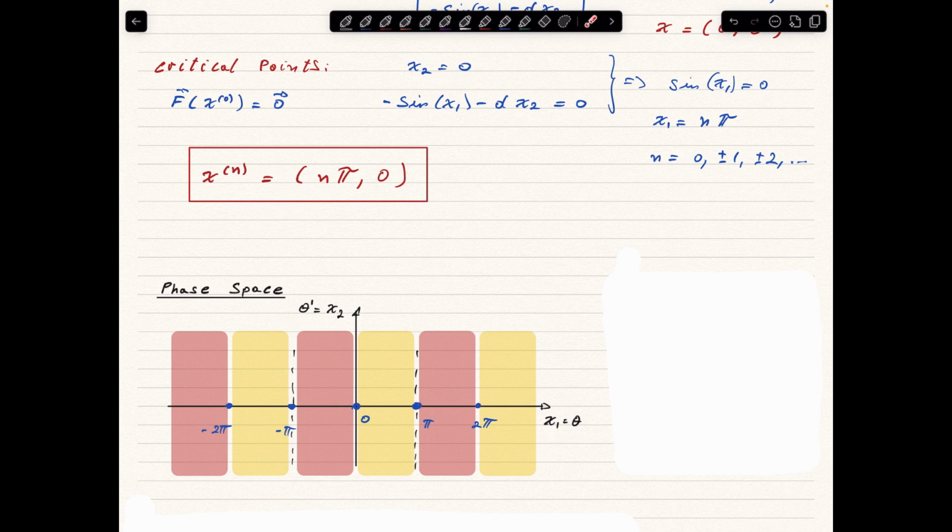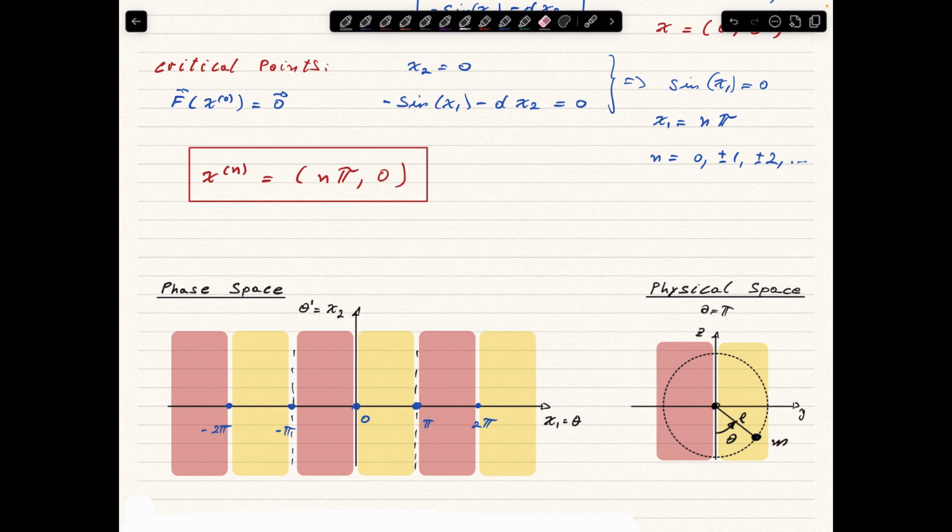What are these little things here? This is just to remind us of the relation between the phase space and the physical space. In the physical space, if we are moving in this region from 0 to pi, we are here, in this region right there. But recall the position here is not unique in the sense that, oh, maybe we were here because we did one full turn and now we are here, so that means we could be here.